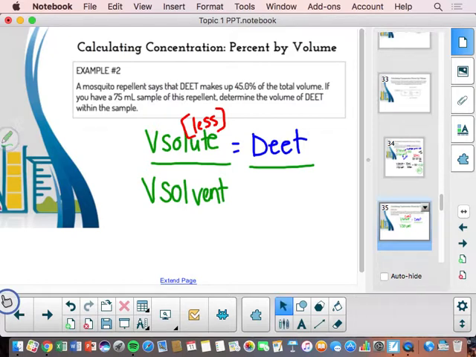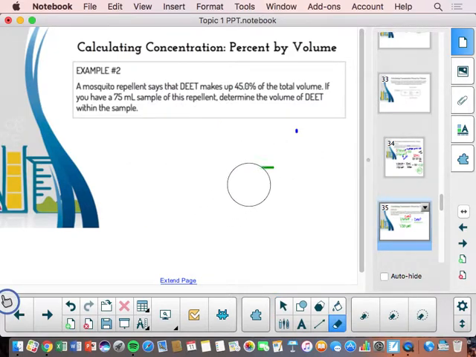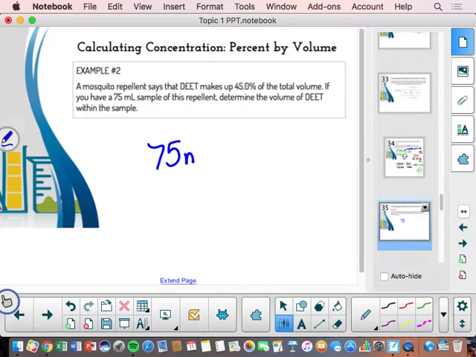So I'm actually not going to use this formula. Really, all this question is asking us is we have a 75 milliliter solution. How much of 75 milliliters is 45%? So I'm just going to times it by 0.45, and that'll tell us how many milliliters is DEET. So I just grab my calculator here.